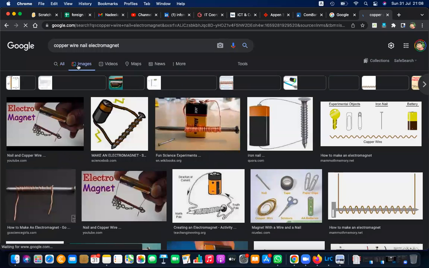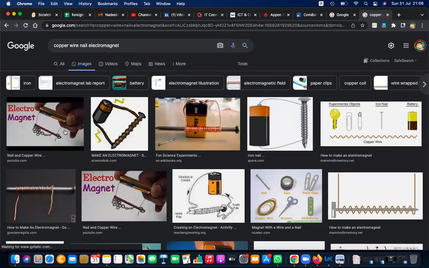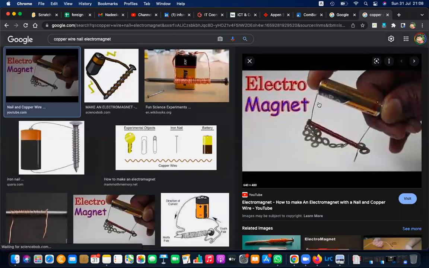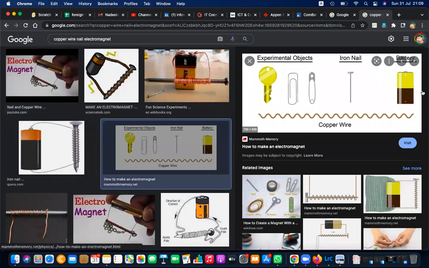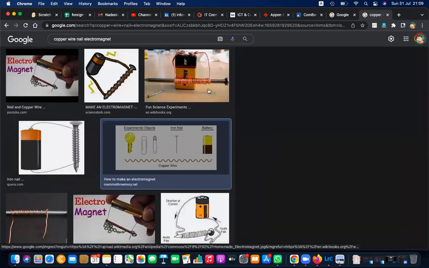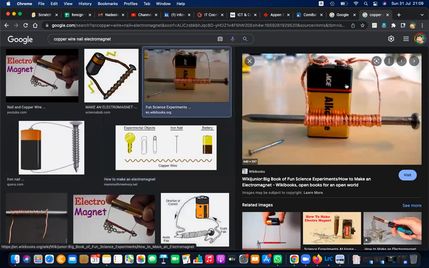It is a very small exercise. You can use a battery, and you need only these components: an iron nail and a copper wire. You can see this iron nail is wrapped using this copper wire, and then voltage or power is given.